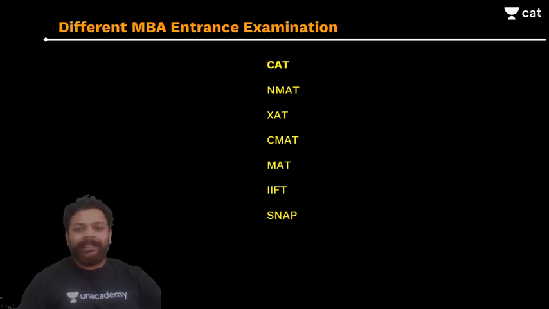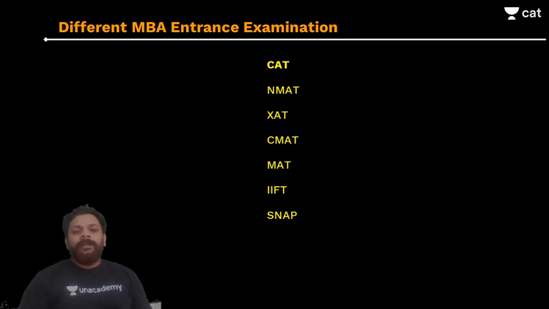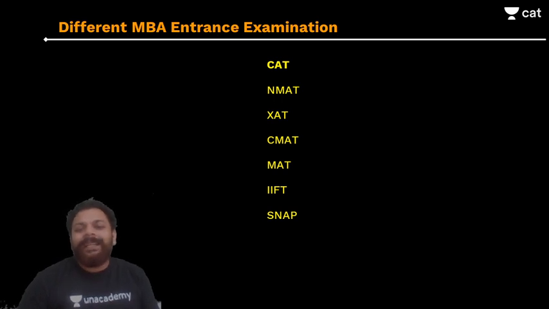Talking about XAT, XAT stands for Xavier Aptitude Test, which includes quantitative ability, English language, decision making. This one is part one of XAT examination. In part two, there used to be general awareness and essay writing. Based on same patterns, CMAT, MAT, IIFT, and SNAP are also there.